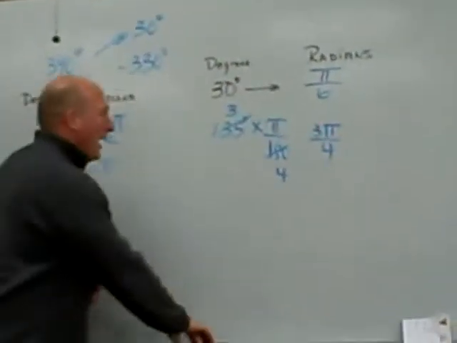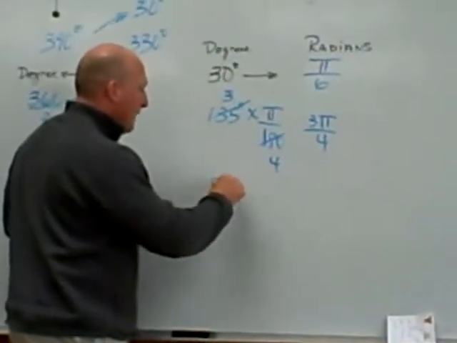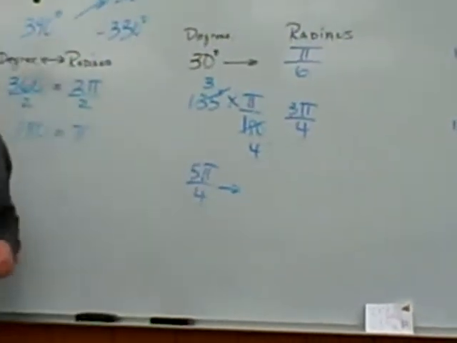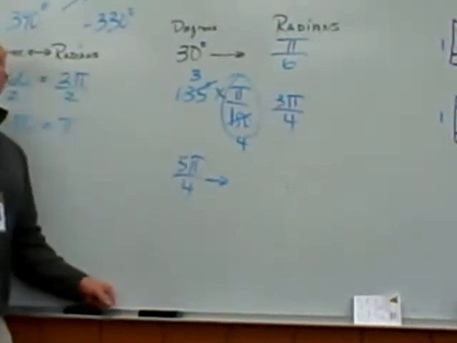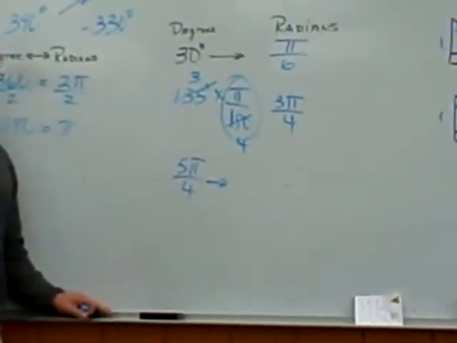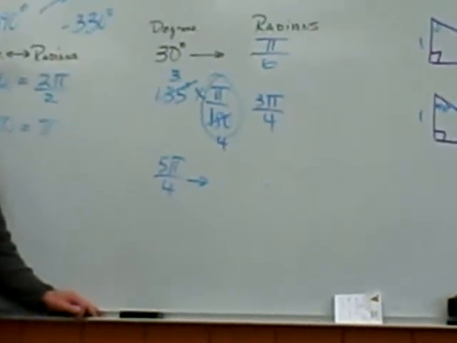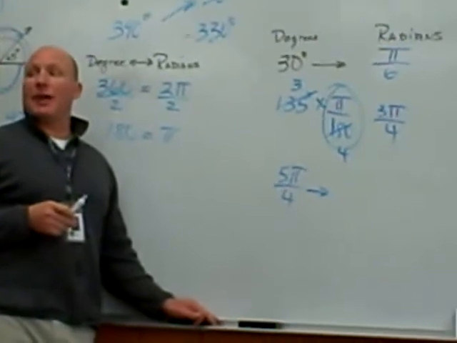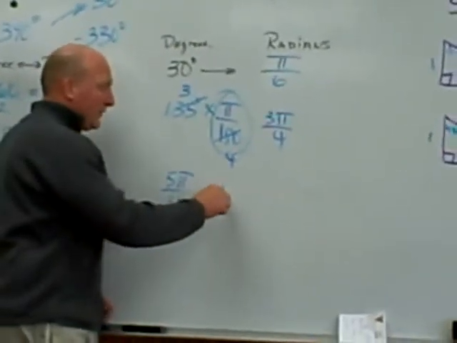Now what if we want to work backwards? What if I said, I want to know what 5 pi over 4 is in degrees? What do we do here? Multiply by 180 over pi. I've got to get rid of my pi to get degrees. Just flip it.